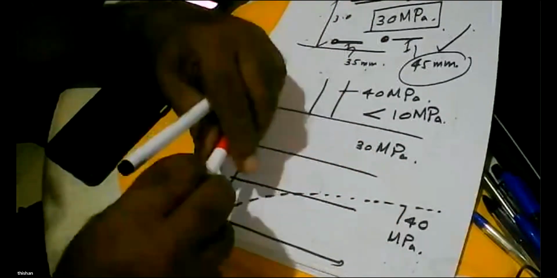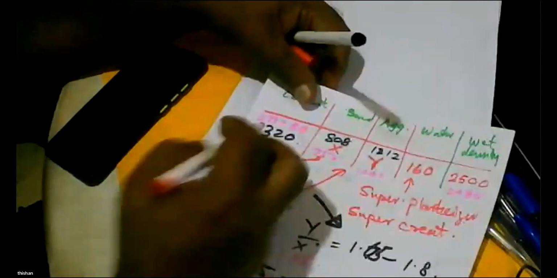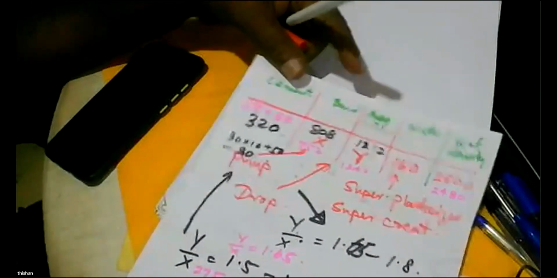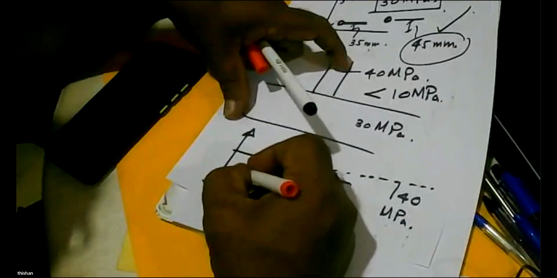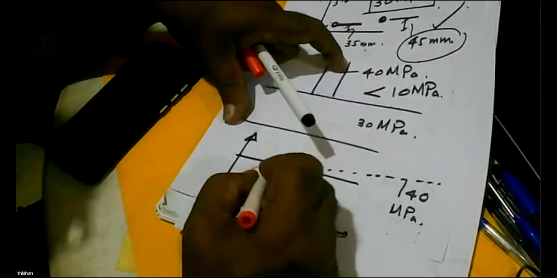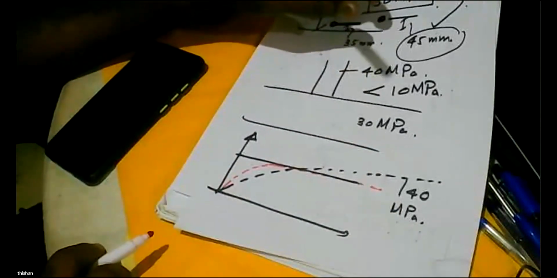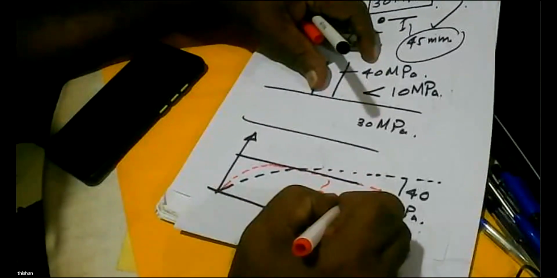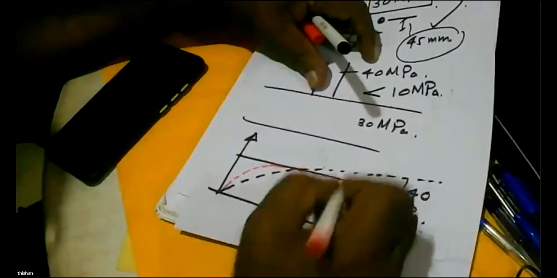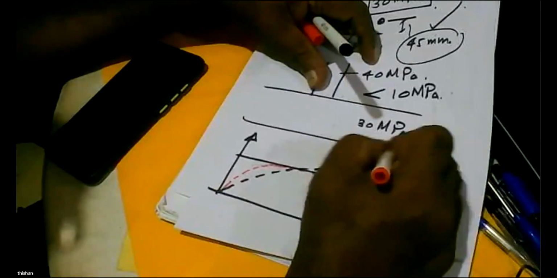On the other hand, I made a mix without fly ash. Here you can see 320 mix. What is the path it takes? It will go like this. So you might have temperature problems, but it might go very flat like this. So this is 320 cement concrete. This is 275 plus 50 concrete.